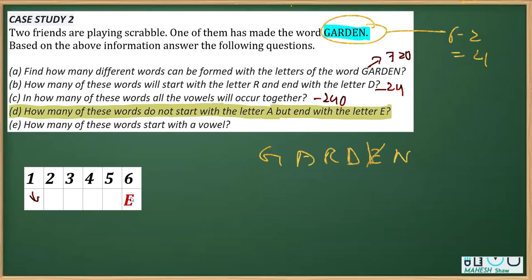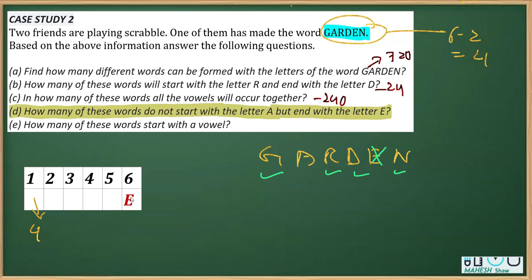We have fixed E. So we have 4 plus 1, 5 letters, but A should not take the first place. Ignoring A and E, we are left with these 4 letters, 1, 2, 3, 4. So the first place can be filled in 4 different ways.